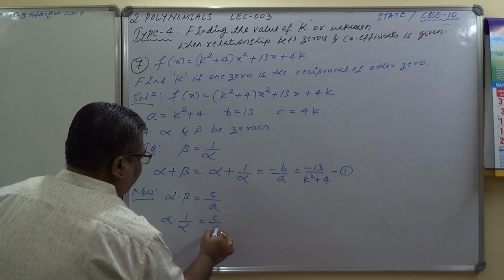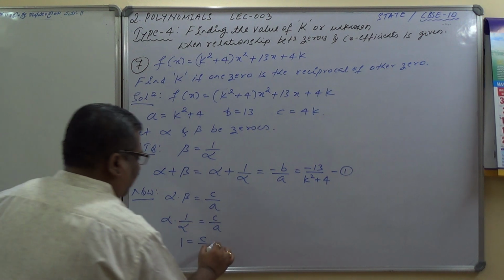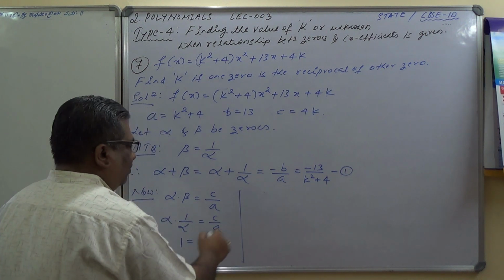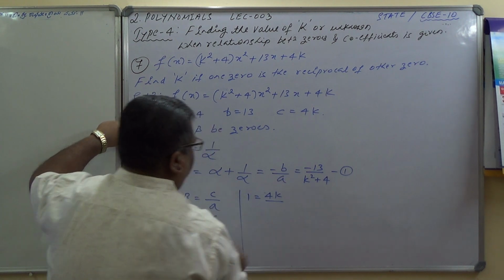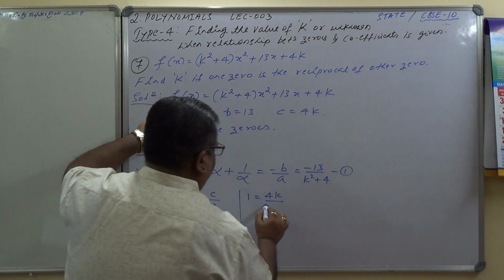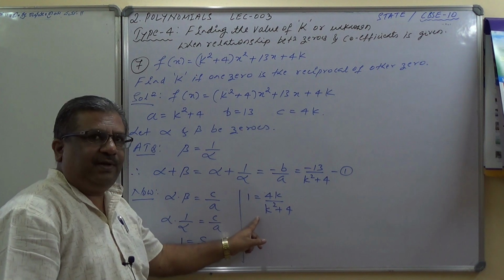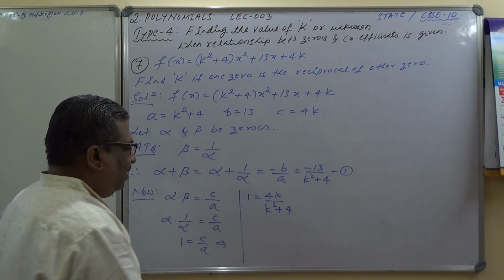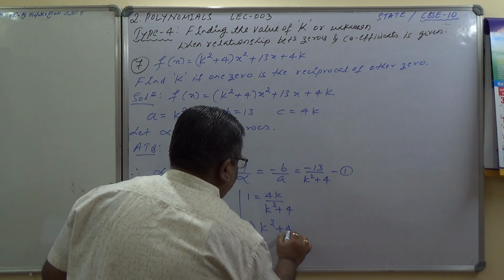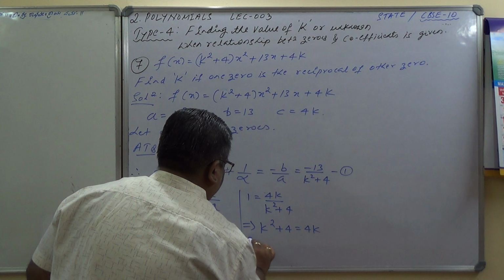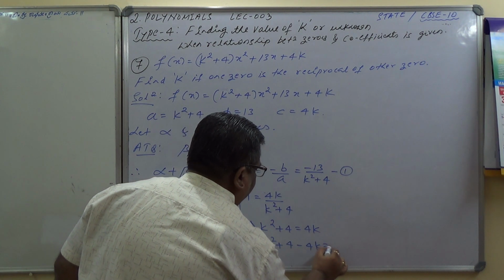So alpha alpha cancels, 1 equals c by a, where c is 4k divided by a is k square plus 4. Now it is possible, only one equation, one unknown. Cross multiplication: k square plus 4 equals 4k, implies k square plus 4 minus 4k equals 0.